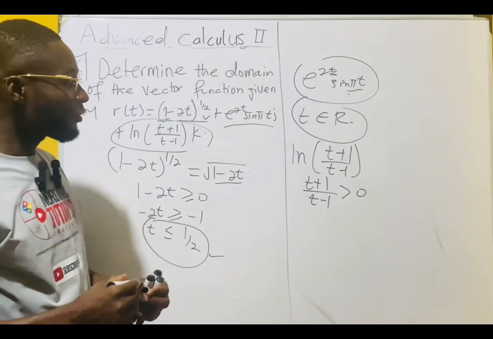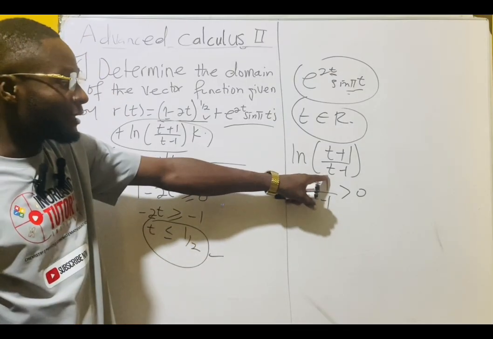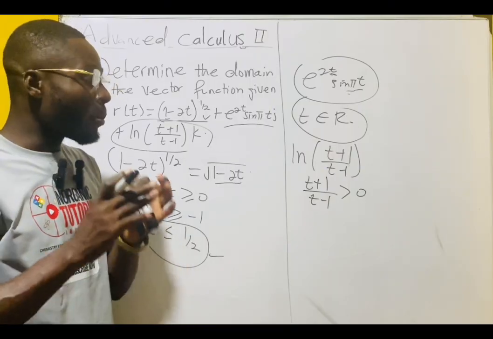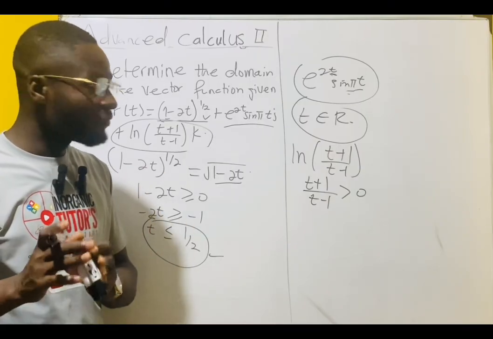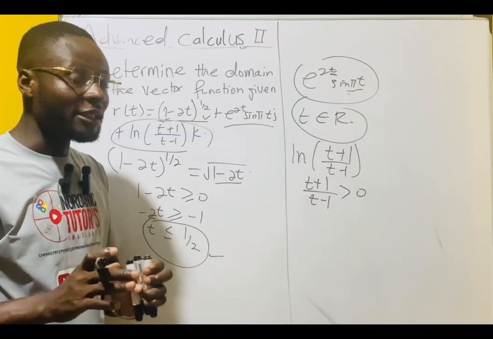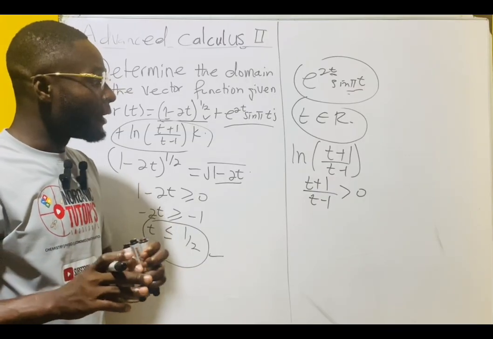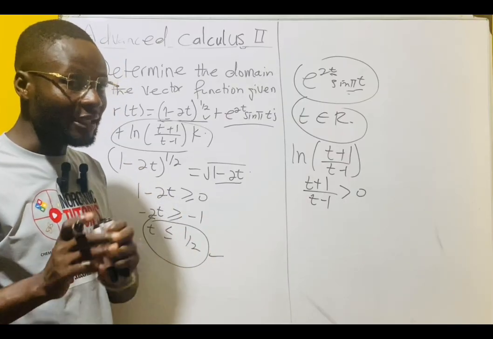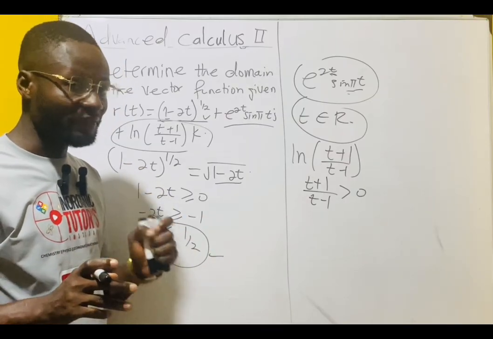So for this function to be defined, if we are considering that both numerator and denominator are positive, then it will be defined. If we are also saying that both numerator and denominator should be negative, then the function should be defined.